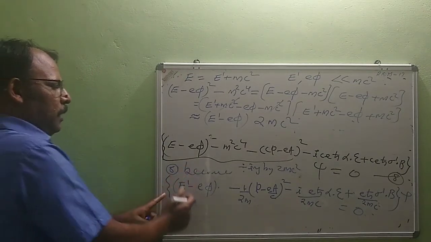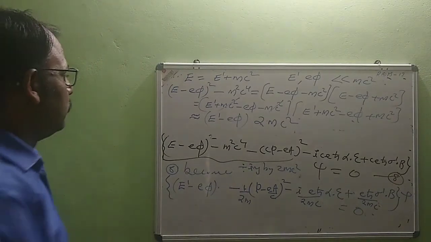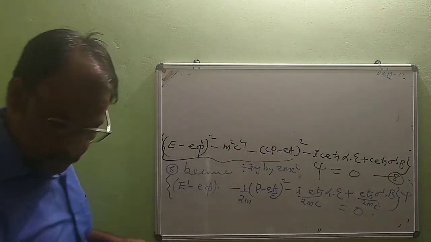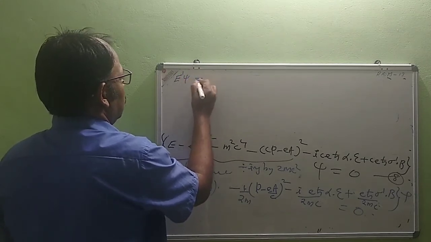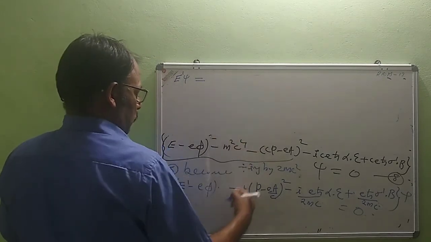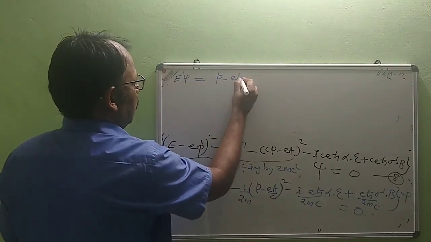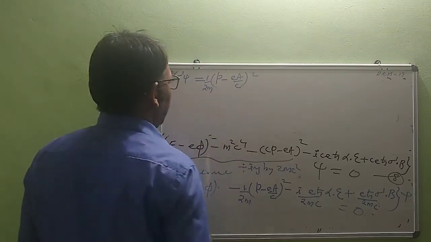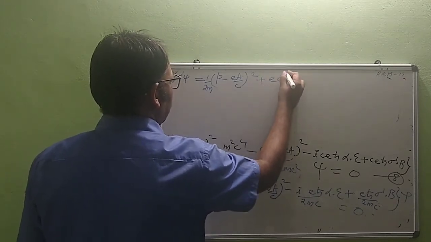Now keep the term E prime psi on the left and all other terms on the right hand side. We can write this equation as E prime psi is equal to, on the right hand side, minus, this term will become plus (p minus eA by c) the whole square, 1 by 2m into (p minus eA by c) the whole square. This minus e phi will become plus e phi.